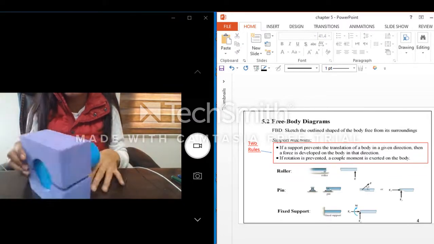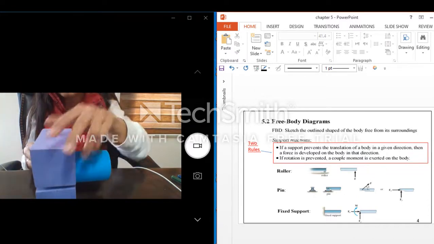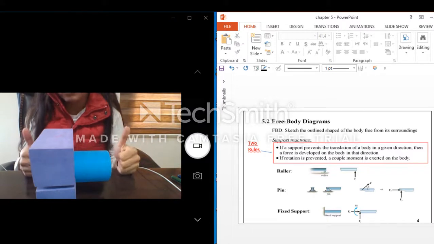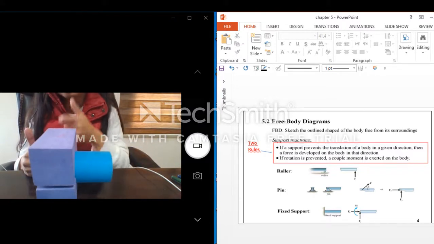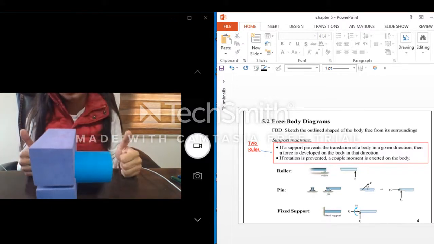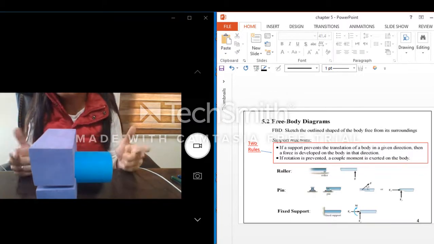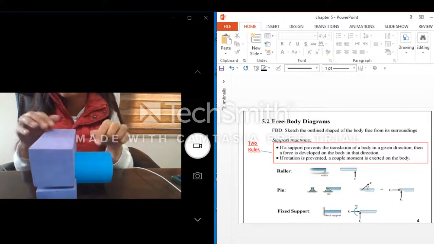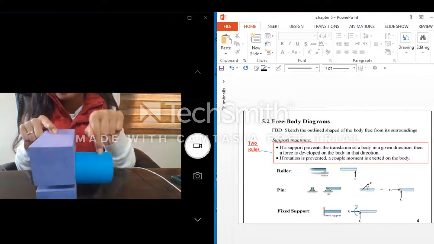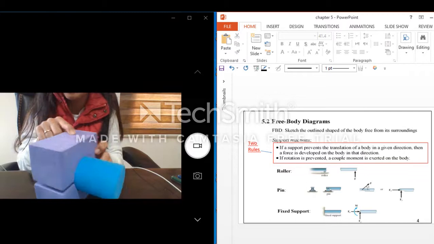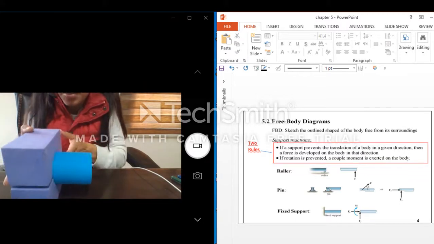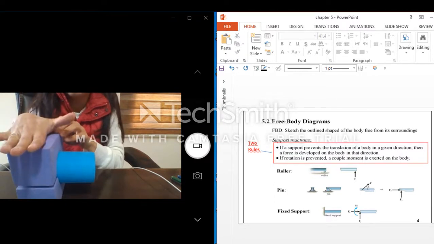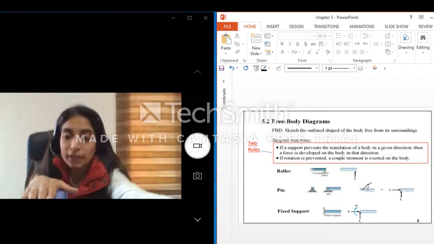In this case, guys, this fixed support will prevent, first, any vertical translation at this point, any horizontal translation at this point, and any rotation at this point. So any rotation is also prevented because in fact this beam is fixed at this point, and this is what is called fixed support or cantilever.